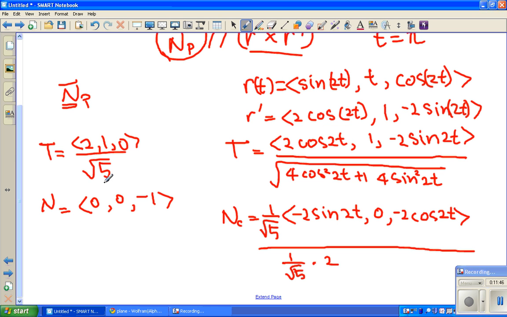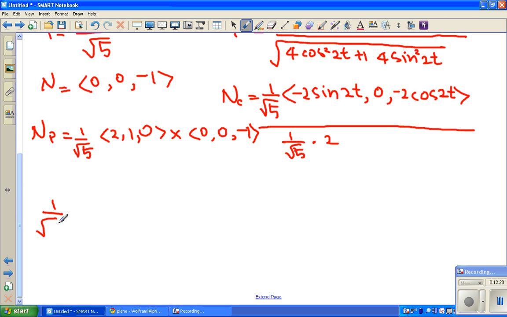Now, when we try to do the cross product of those two, in fact, the normal vector to the plane, I'm just going to take this one off the beginning. Well, now it simply becomes 2, 1, 0 cross product with 0, 0, negative 1.